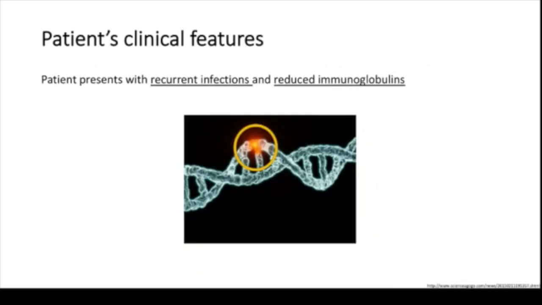Prior to my honours year, our lab had identified a novel mutation in the DNA sequence of a young patient. This patient presented with recurrent infections, specifically sinopulmonary infections, and also reduced immunoglobulins, which were the characteristics I mentioned before. Her symptoms showed signs of the development of an immunodeficient disorder.